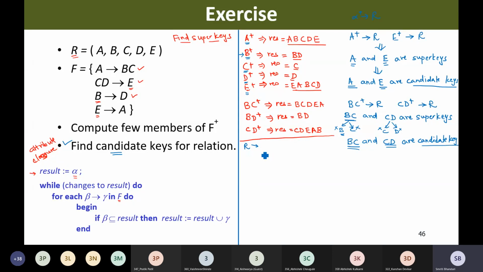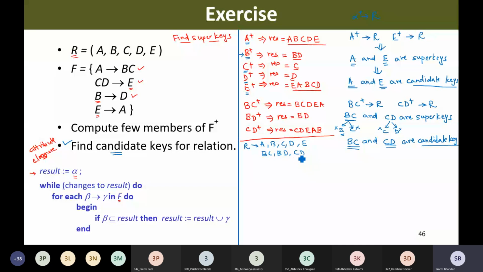So we have the subsets of R as A, B, C, D, E, further BC, BD, CD. We have lots of subsets of R, but let us stick to these because we have already computed the closures for them.